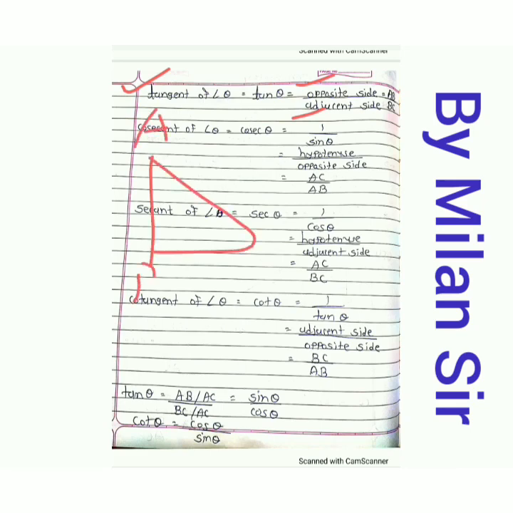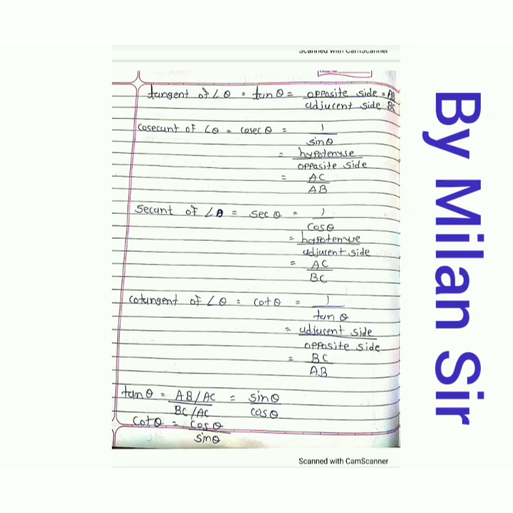It's A, B, C, and here our theta. Now opposite side AB upon adjacent side BC. So AB upon BC is equal to tan theta. Now total 3 terms we learned: sin theta, cos theta, and tan theta.